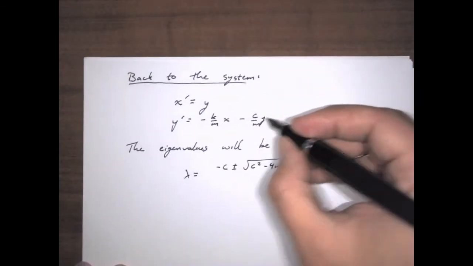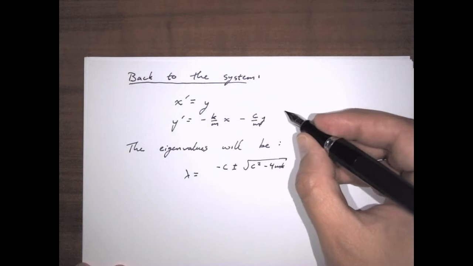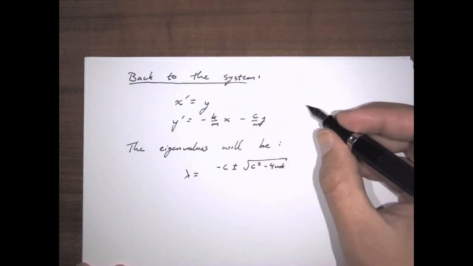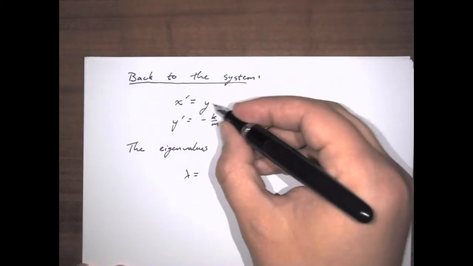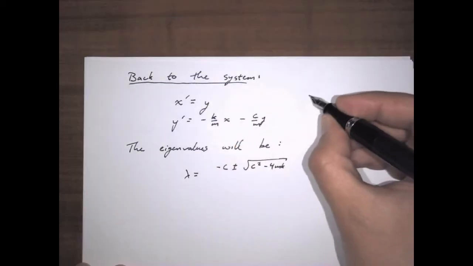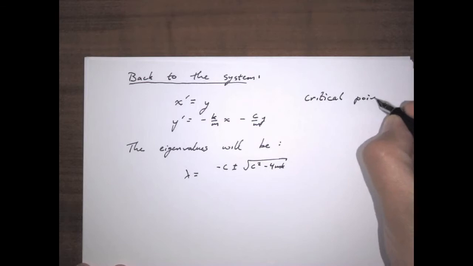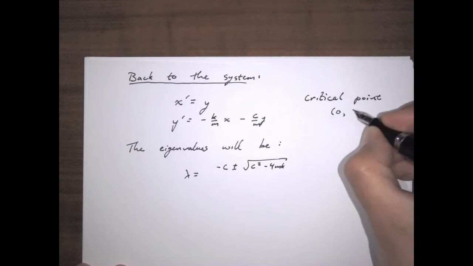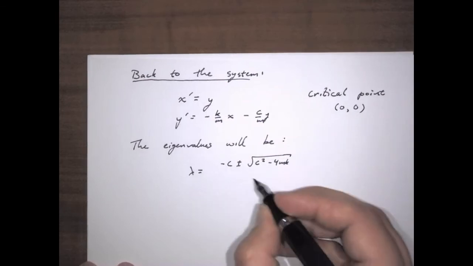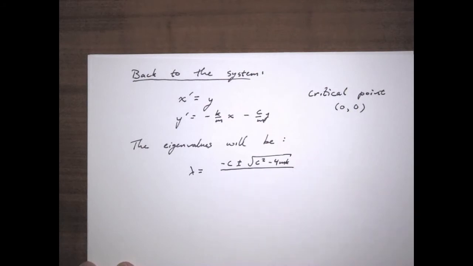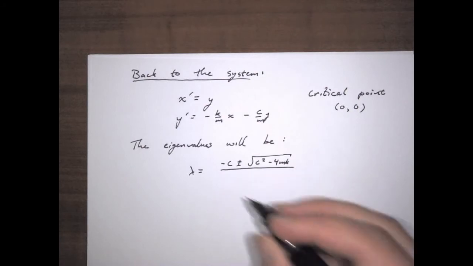And before we go any further, we should note that the critical point here is going to be at the origin, 0, 0. So this is just purely linear here.